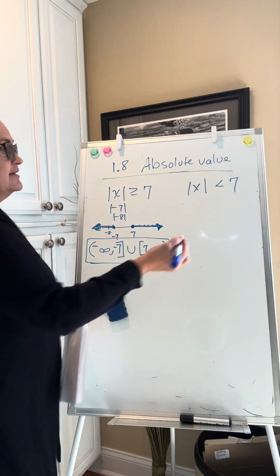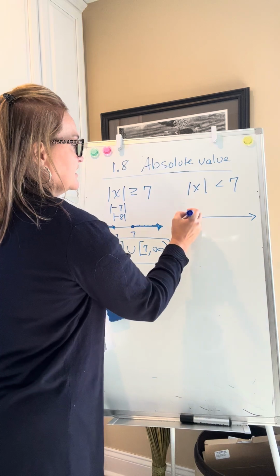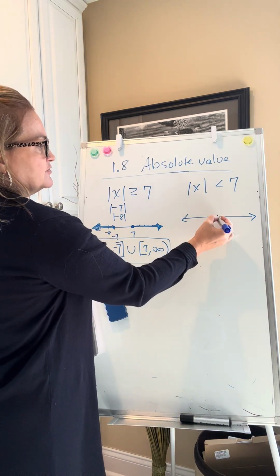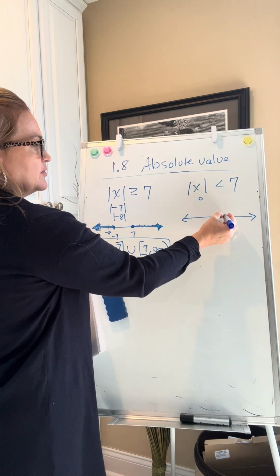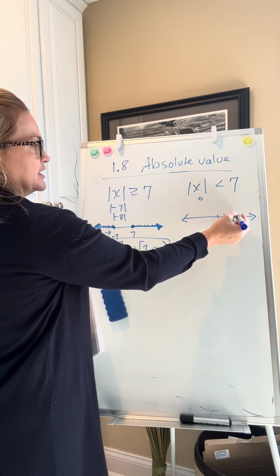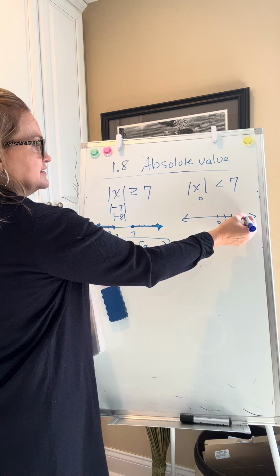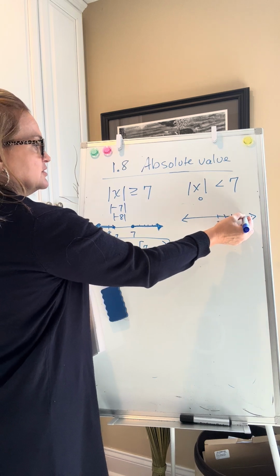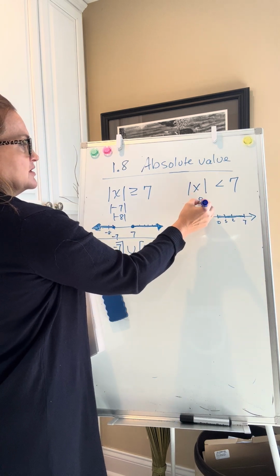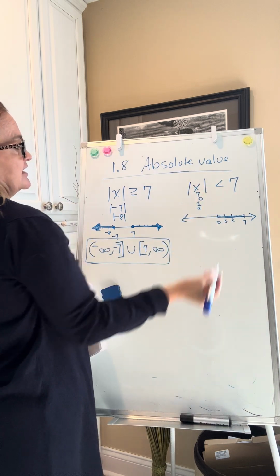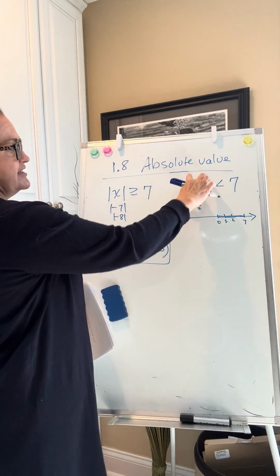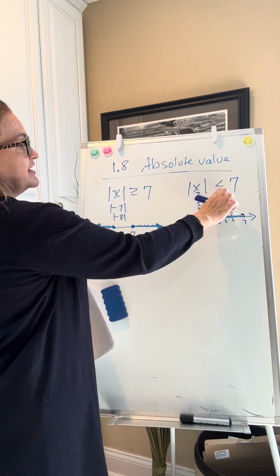For the less than, if I were doing a less than 7, so if you think about 0, that works. 0's absolute value is 0, 1, 2, dot, dot, dot, all the way to 7. If you plug in all those numbers, again, 1, 2, even, oh, not 7 exactly, I guess I should say, because if I plug in 7, its absolute value is 7, which is not less than 7.